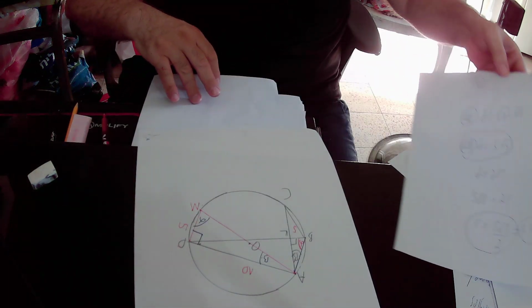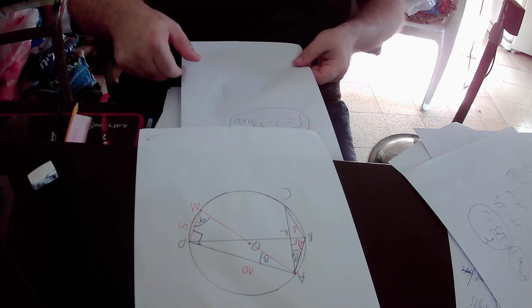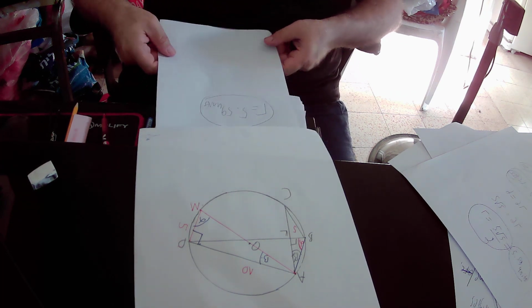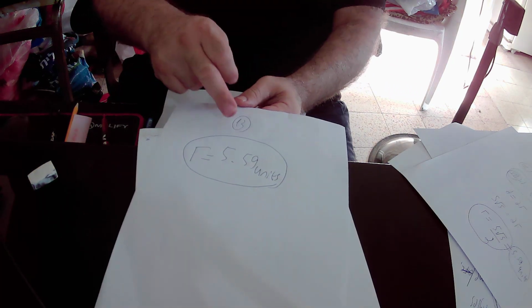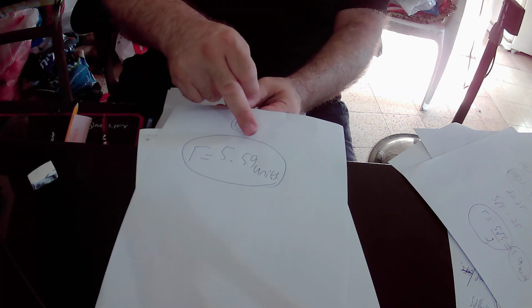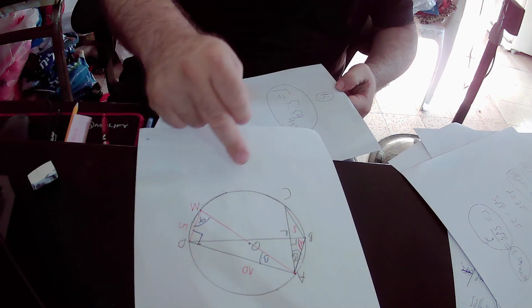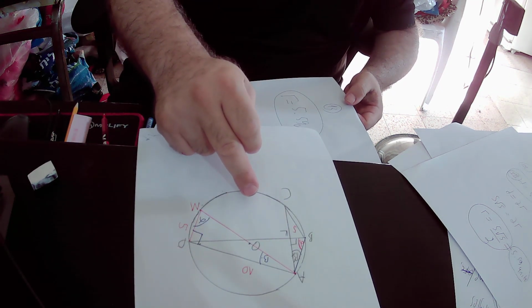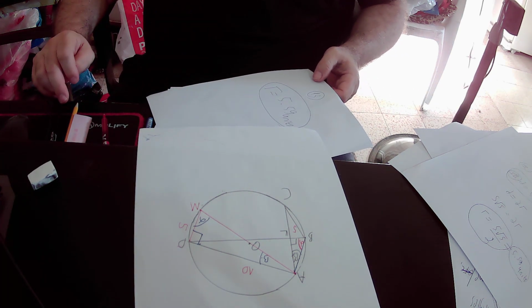And actually the radius of this circle, if we want it in numbers, equals 5.59 units. Okay, thank you very much.